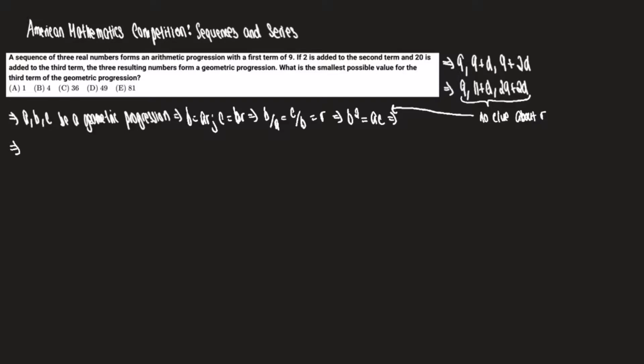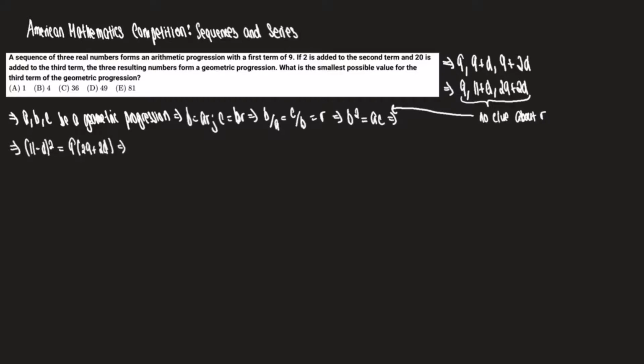Alright. So therefore you have B squared, so you can say 11 minus D squared equals AC, which is 9 times 29 plus 2D.